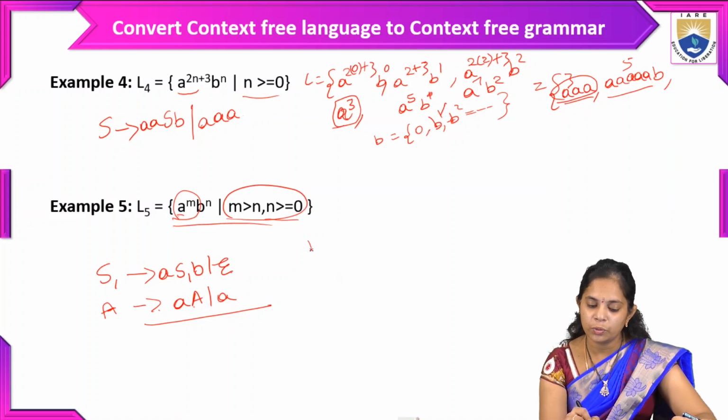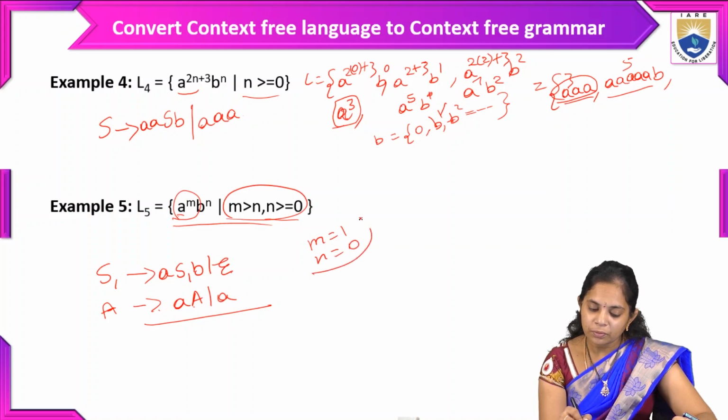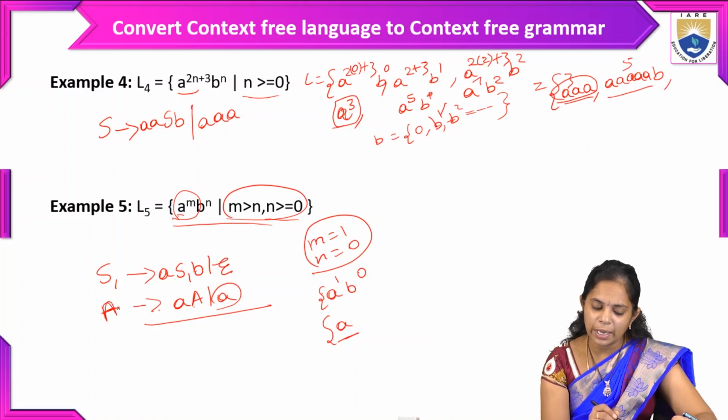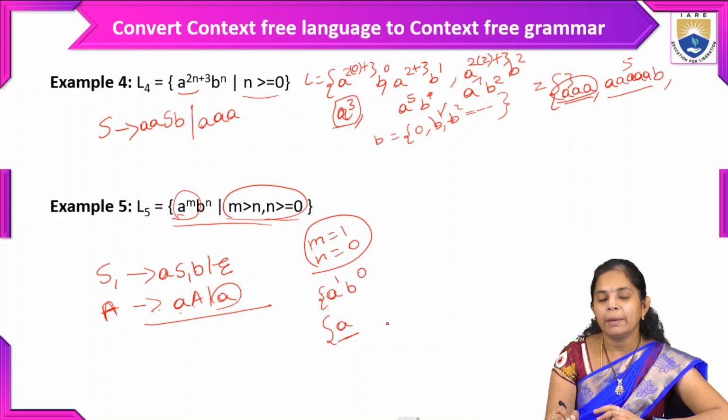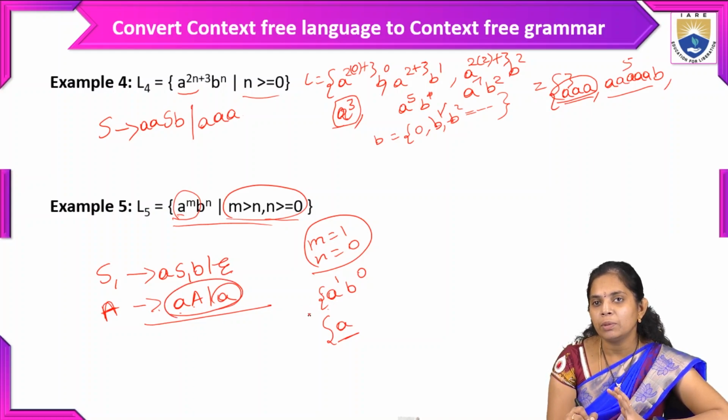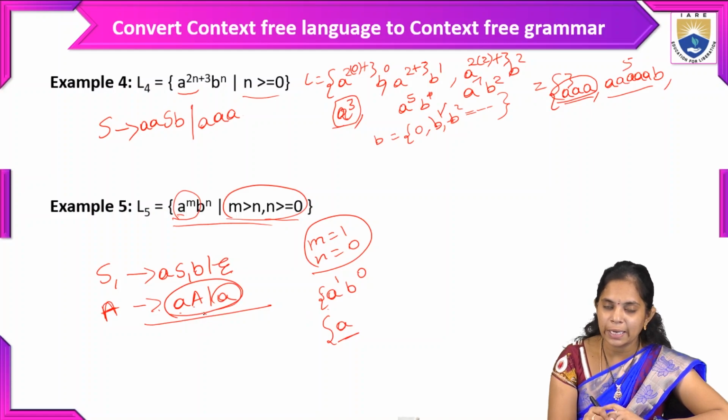So if we take m equal to 1 and n equal to 0, then A power 1 and B power 0. In this one, minimum length is A. So for this one, we have written like this. And for capital A, A is always A power m, which is a combination of this. So A is followed by, minimum is A, and which is followed by capital A.